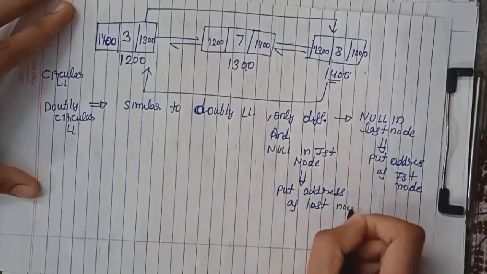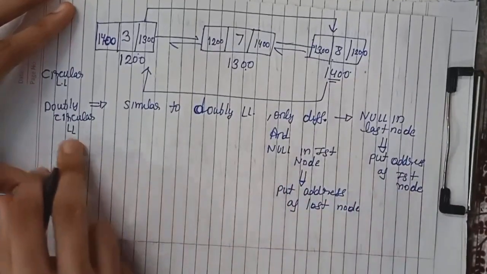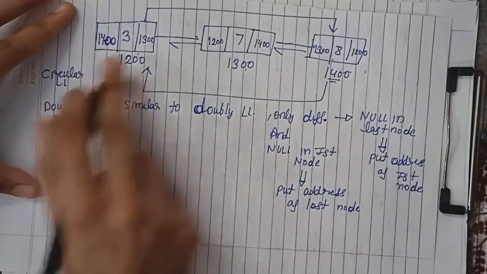In this way, the concept of doubly circular linked list is finished.